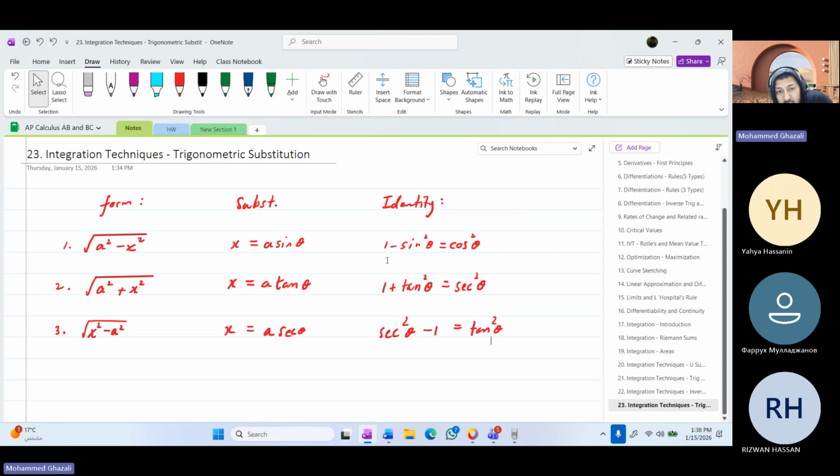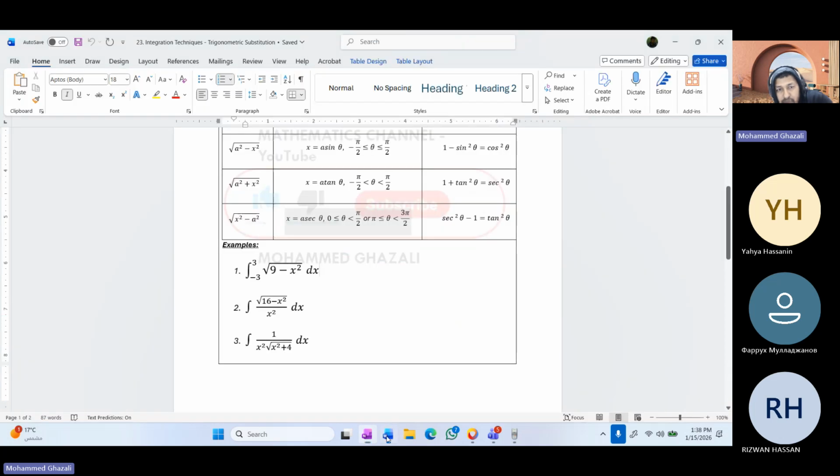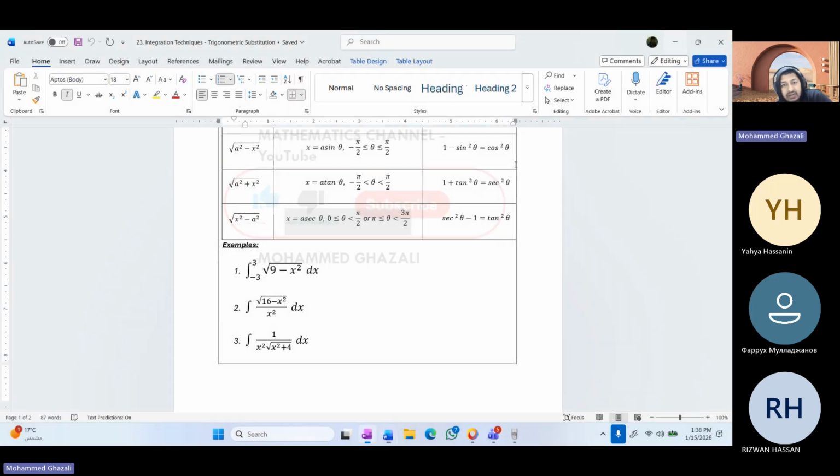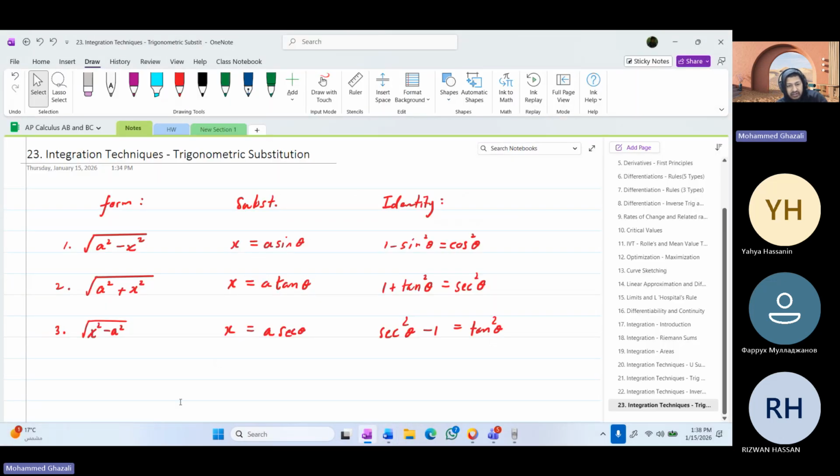So let us have a look at the first problem. The first problem is what we have done before. We can use geometry and then we will use trigonometric substitution to prove this.